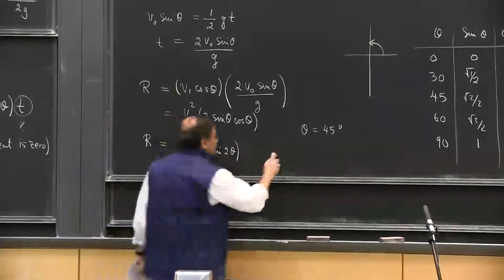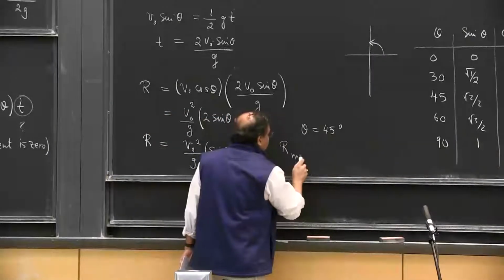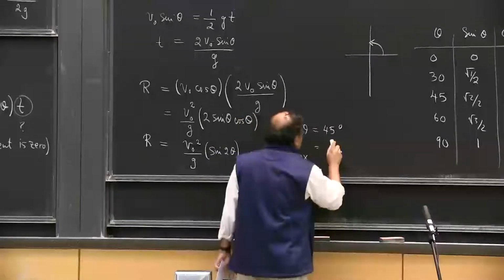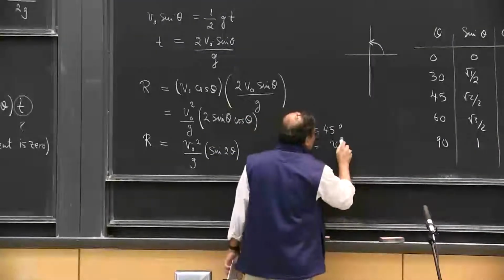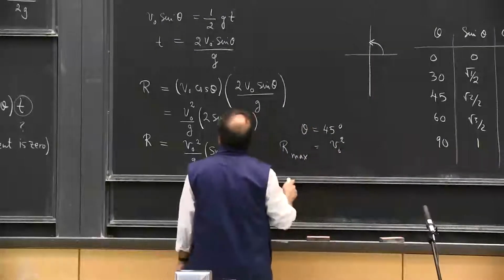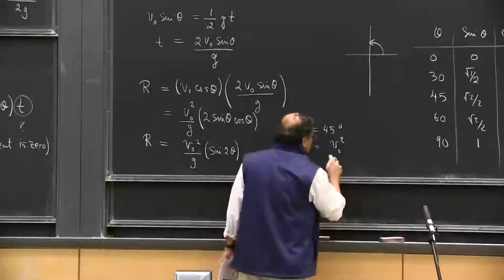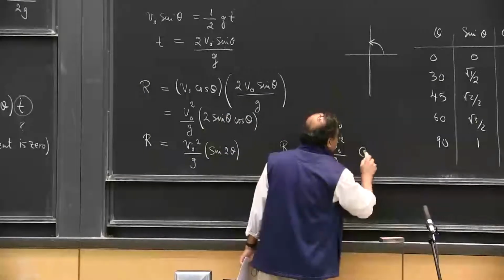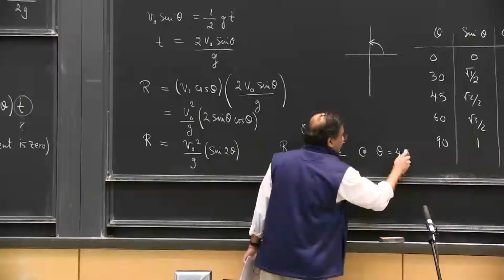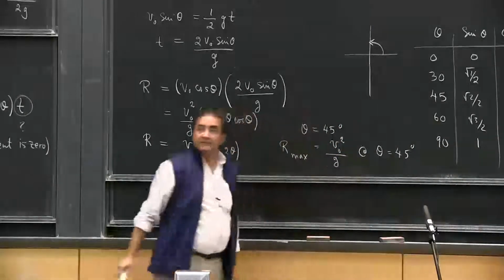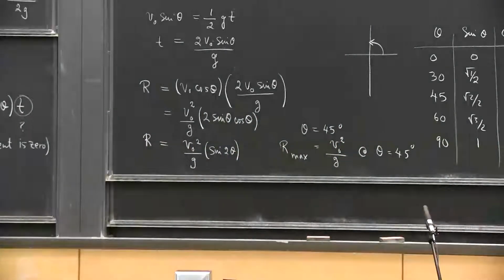So therefore the maximum range you can have, R max, would be V0 squared over G, and this would be at theta equal to 45. Okay? Question? You guys follow the problem?